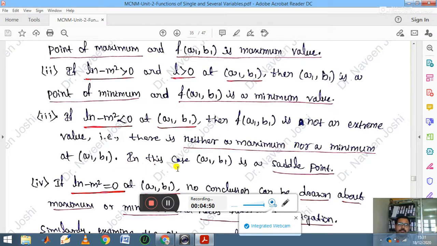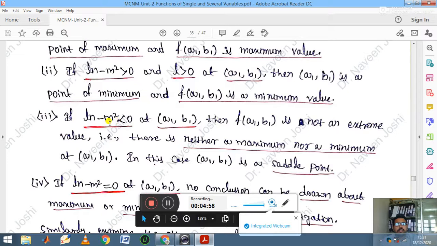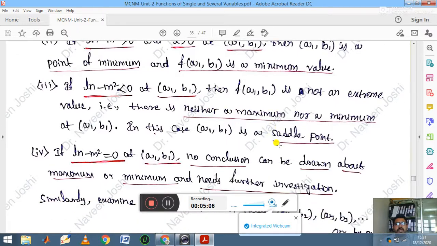In this case, (a1, b1) is a saddle point. So you can conclude from the third point that if the ln minus m square value is negative, there is neither a maximum value nor a minimum value at the point (a1, b1).